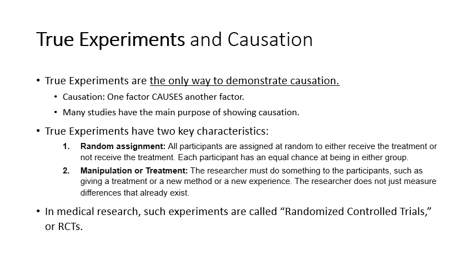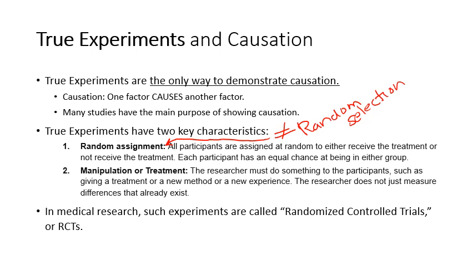So don't get this confused with a similar thing we call random selection. Random selection is choosing your study participants at random from a population. That's not the same as random assignment. So don't confuse those two.